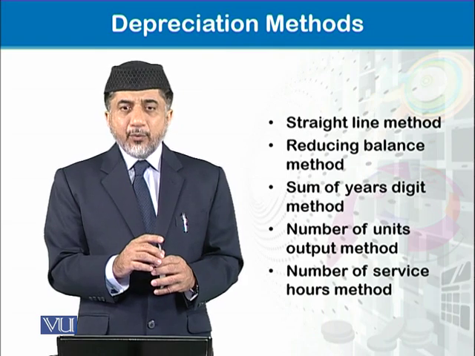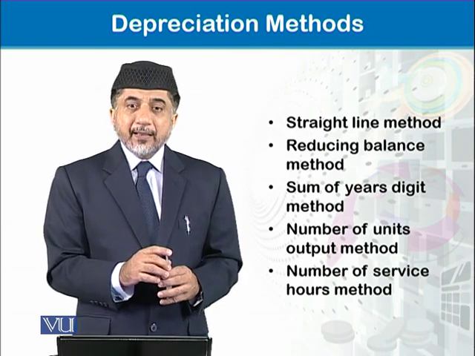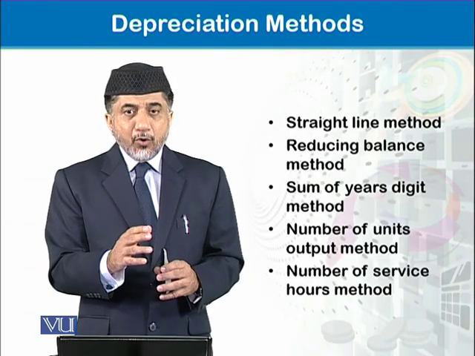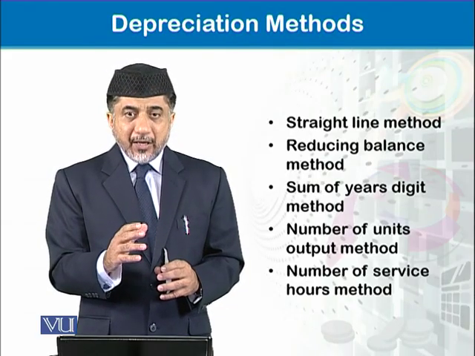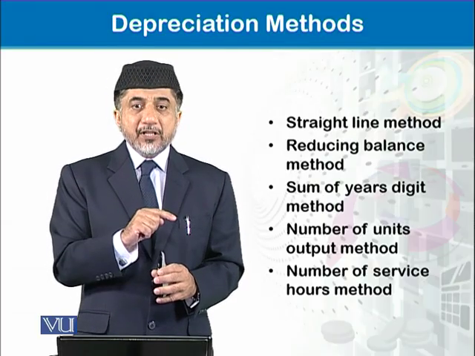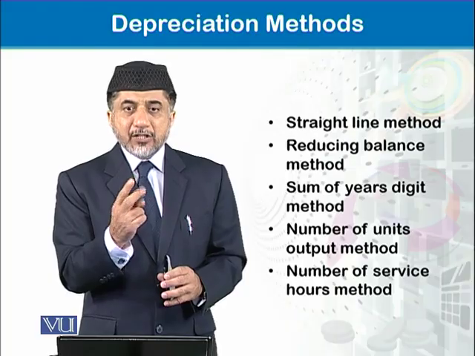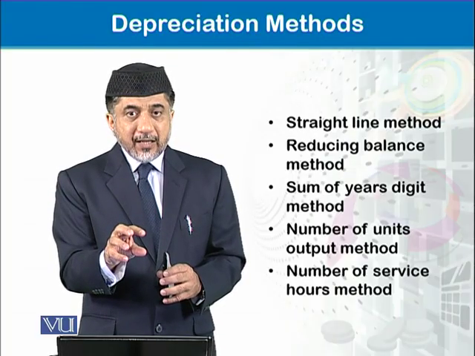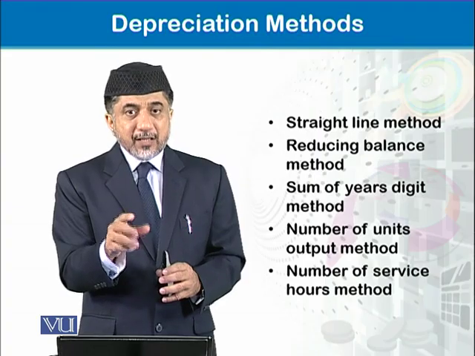So in a way, we will say that in the subsequent years, the automobile will provide us economic benefit equal to the previous year because of two elements. One is the repair and maintenance cost, and the second one is the cost of the asset.